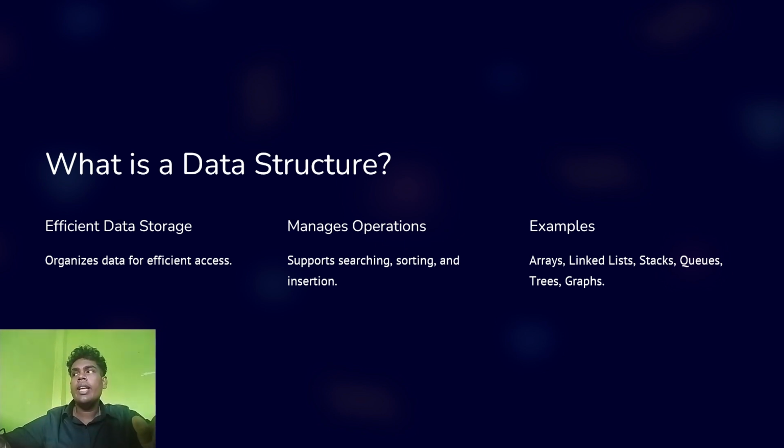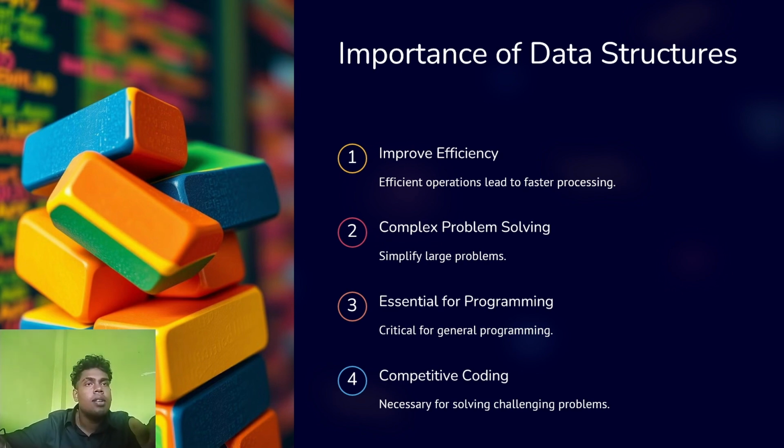Also, why are data structures important? Data structures help in faster processing. That means your programs run efficiently, and they also simplify complex problems, breaking big problems into small ones. They are essential for programming, used in all applications.